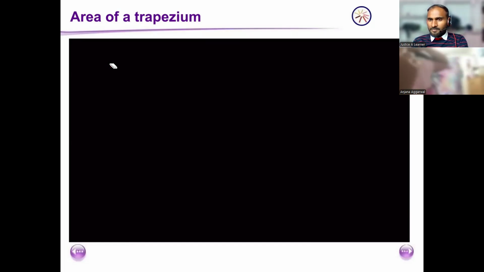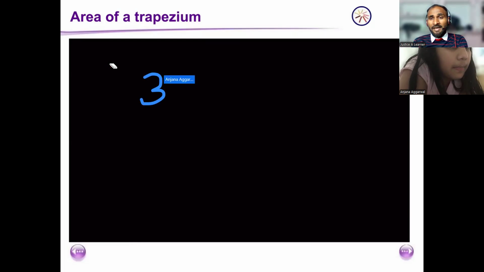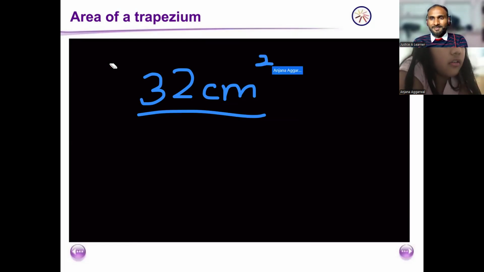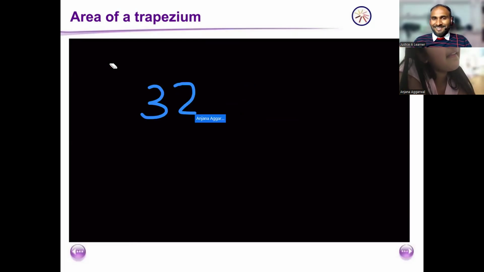There is a rectangle, and that rectangle has a length of 8 and width of 4 centimeter. Find the area mentally. Wrong answer. Yes, now true. Square.